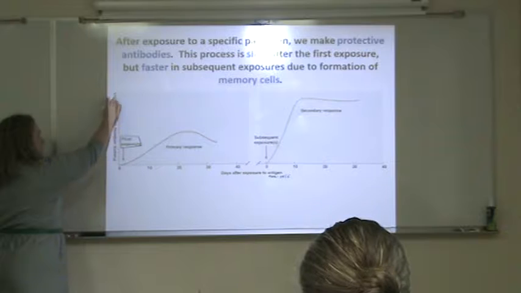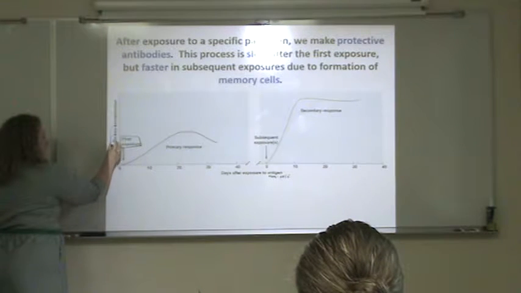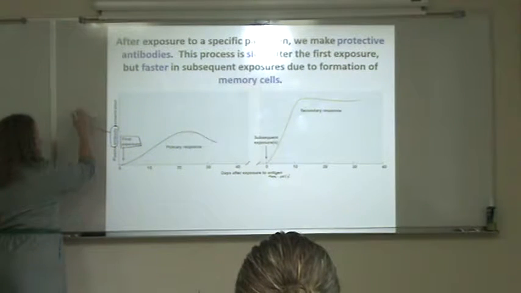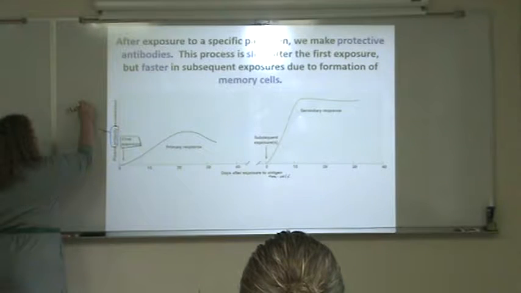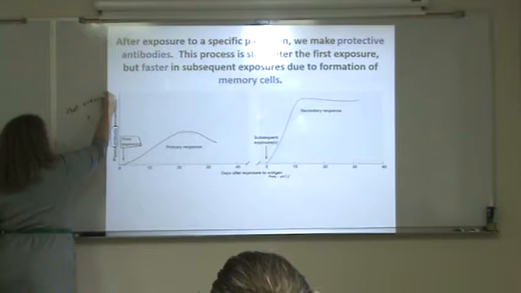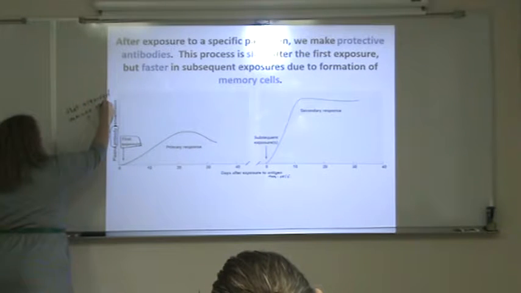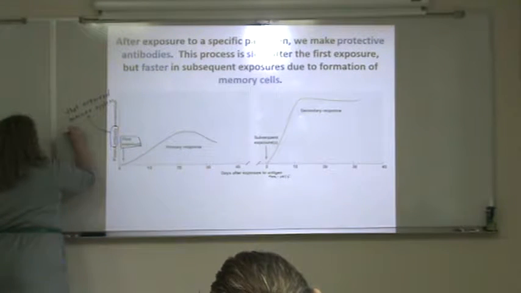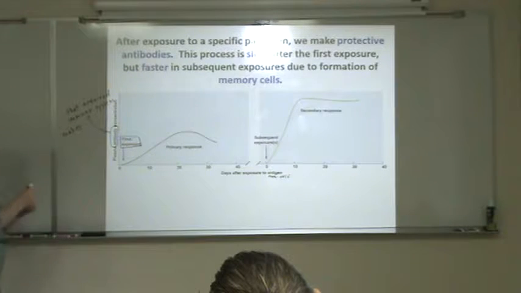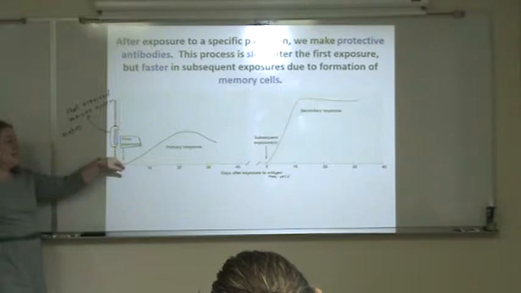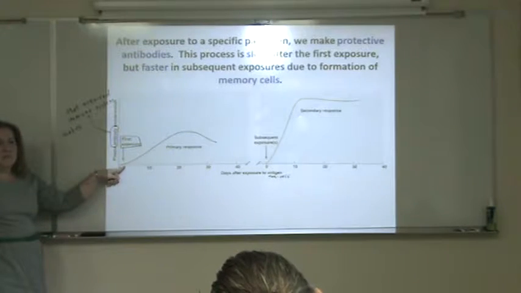So plasma antibody concentration. These are antibodies that your acquired immune system makes. You don't have a lot of antibody against that thing until you experience it, and then you start making it.